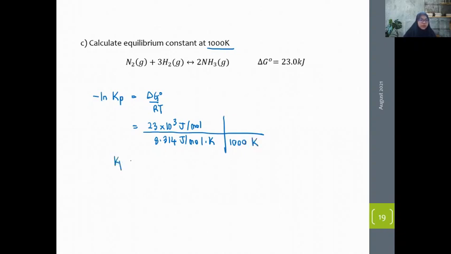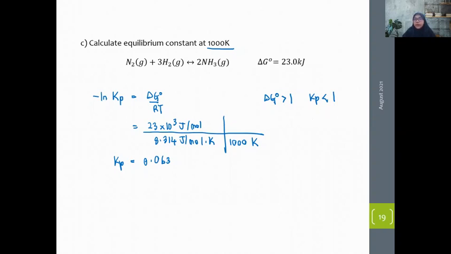Okay, Kp is equal to 0.063. So from this we can conclude that the delta G is higher than 0, Kp is less than 1, or it is a reactant favor.